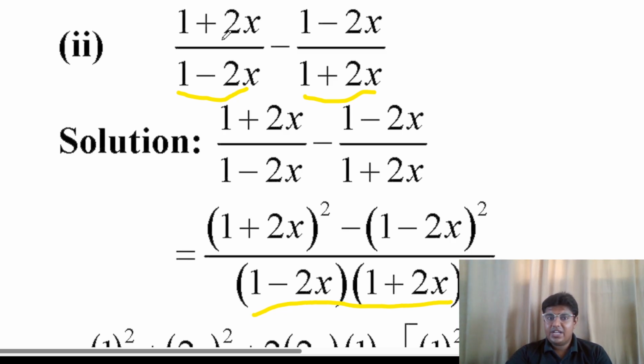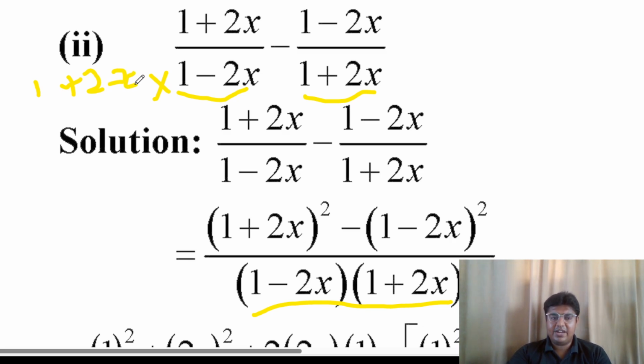Here 1 plus 2x is already in the denominator, and be careful, as you already know how to take the LCM. Here it's 1 minus 2x and here it's 1 plus 2x, so definitely here you have to multiply with 1 plus 2x to make the denominators the same.